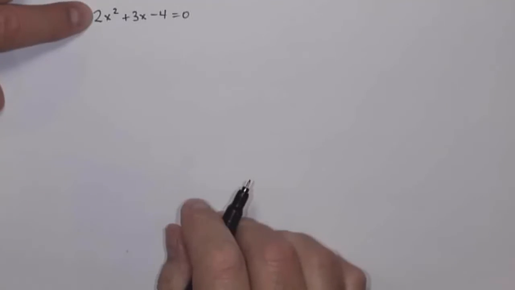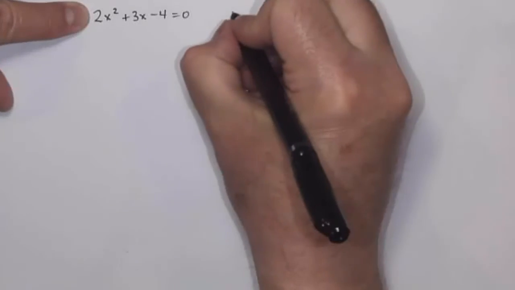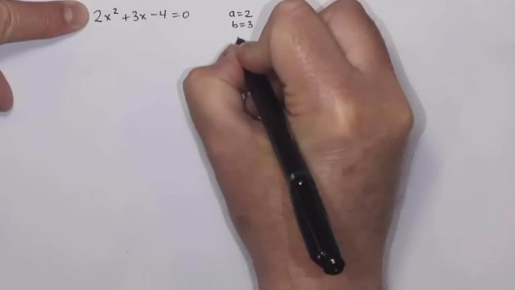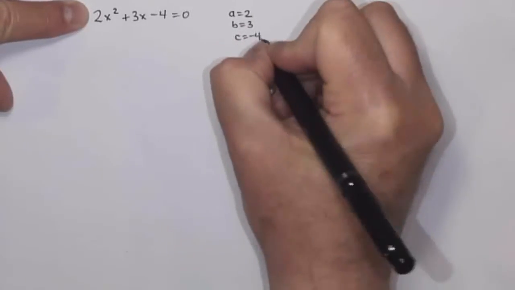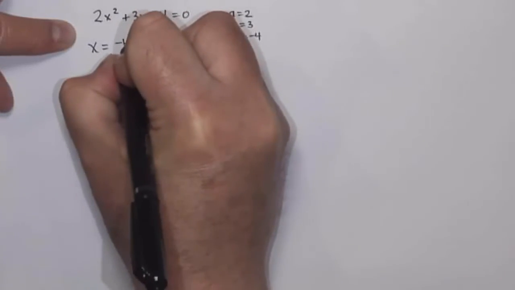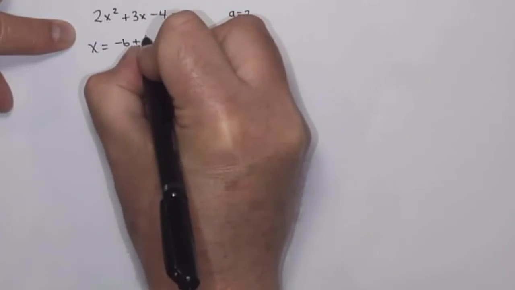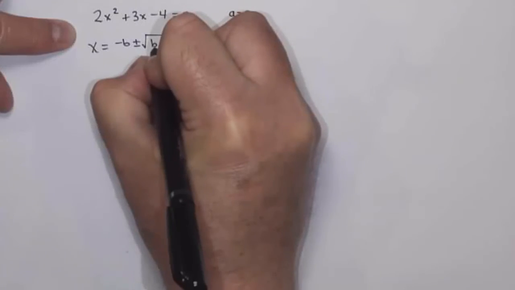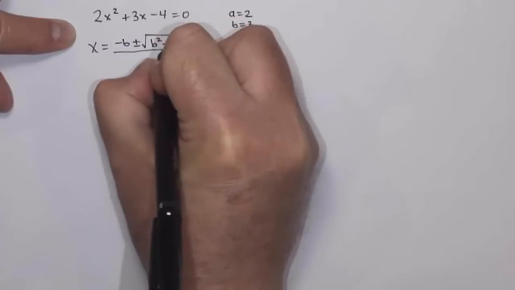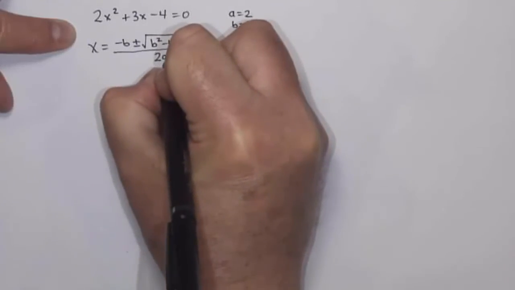And I can do that by using the quadratic formula. So a equals 2, b equals 3, c equals negative 4. And the quadratic formula, remember, is negative b plus or minus the square root of b squared minus 4ac all over 2a.